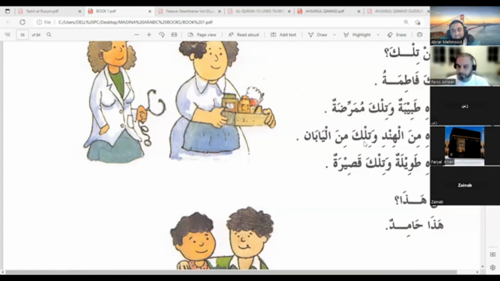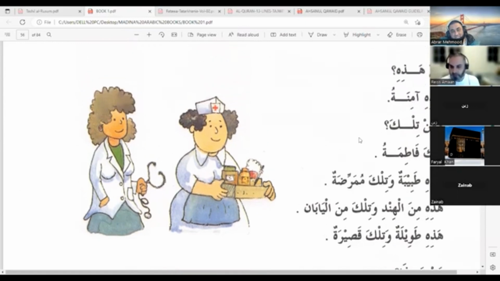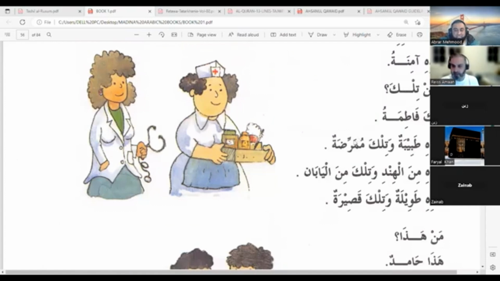Tilka is for female, right? So we're doing more of this and that. And that is from Japan. Yabani, Japan. Let's go through that one more time so everyone can benefit. Read that out in Arabic and let's try and translate one more time to be safe.